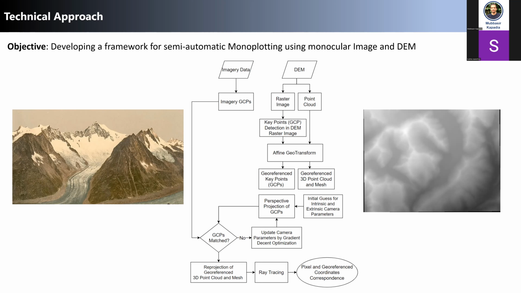So after the optimization is done, we can implement ray tracing for finding the visible and invisible points, and then establish a correspondence between each pixel and DEM points which are in the world coordinate system.